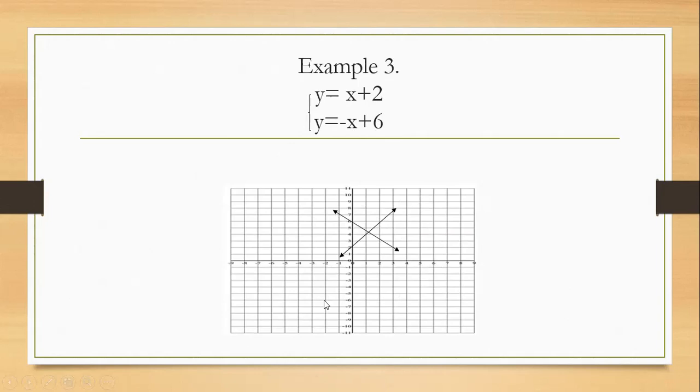So if you are going to draw the graph, the first has a slope of 1. The slopes of the two equations are different. The y-intercepts are also different. Therefore, it is an independent system. The lines are intersecting and our solution is this one, 2, 4. Okay, 2, 4 is the point of intersection.